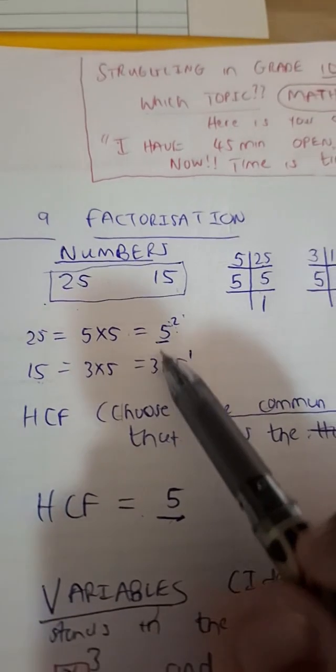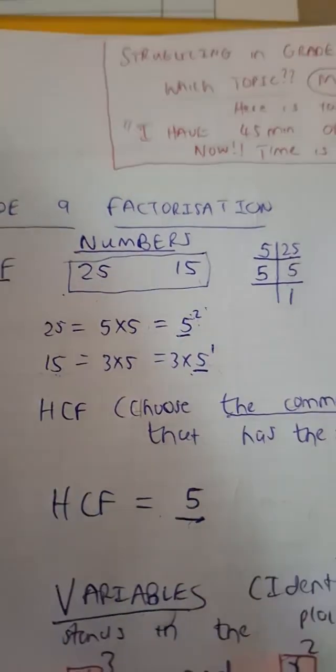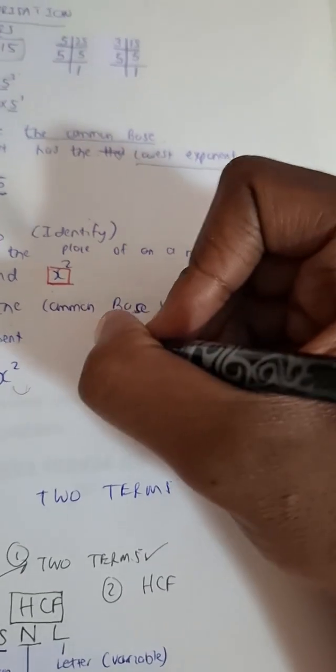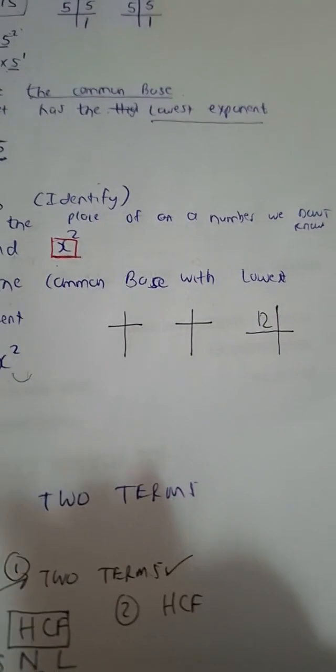Then we would identify the base with the lowest exponent. The product of those would give us our highest common factor. Most times people can easily identify the highest common factor off by heart. But let's say you don't.